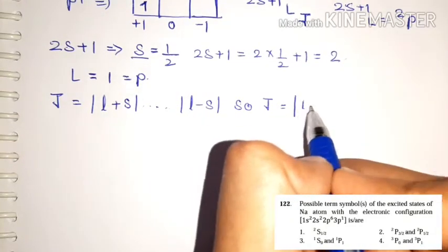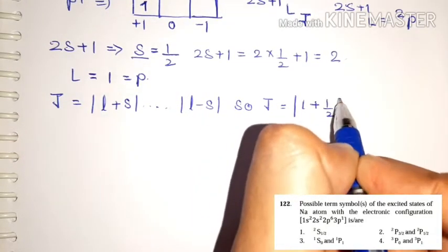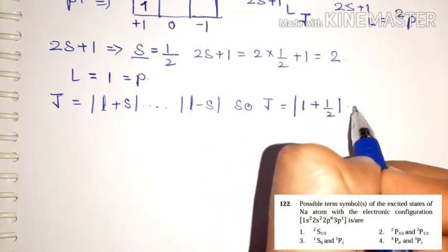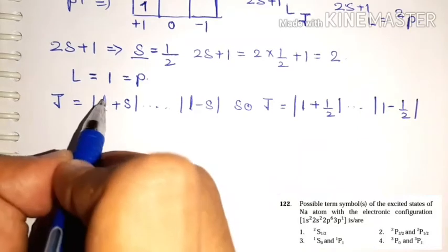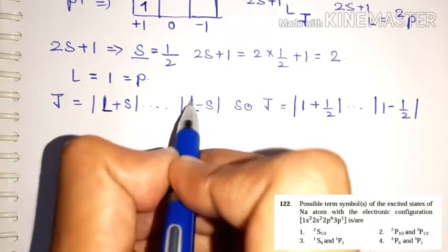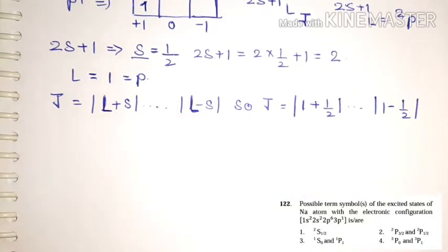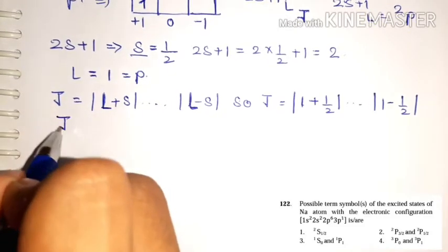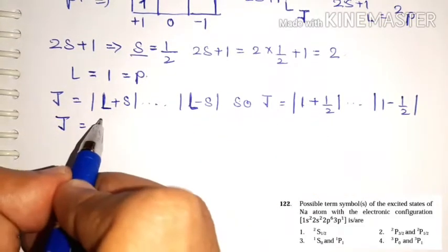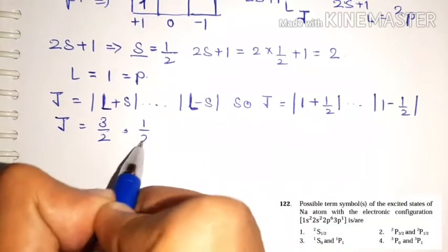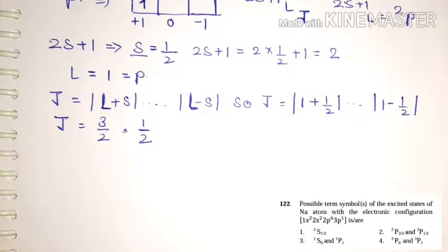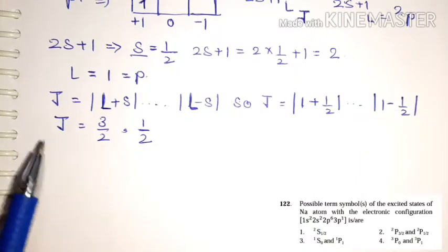So it will be 1 plus half and 1 minus half. The value of J is from L plus S to L minus S. So J has two values, that is 1 plus 1/2, that is 3/2, and 1 minus 1/2, that is 1/2. So we have two values of J, 3/2 and 1/2.